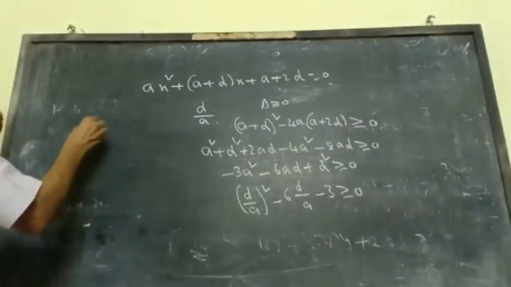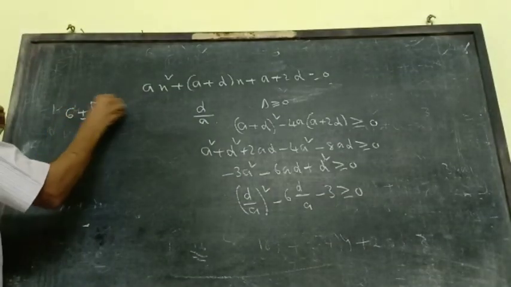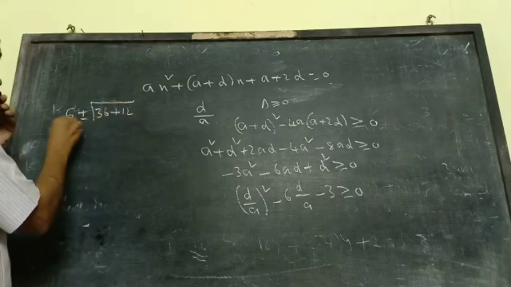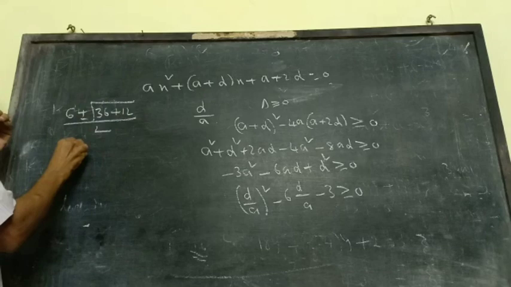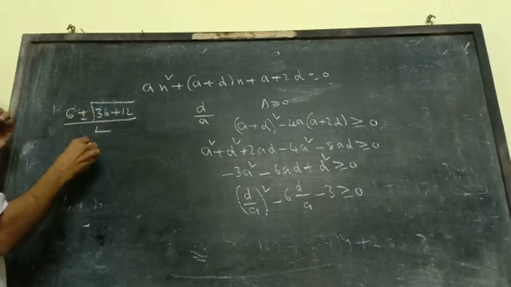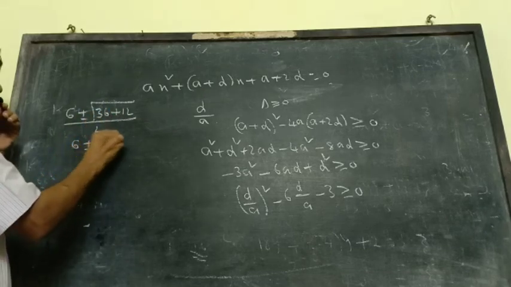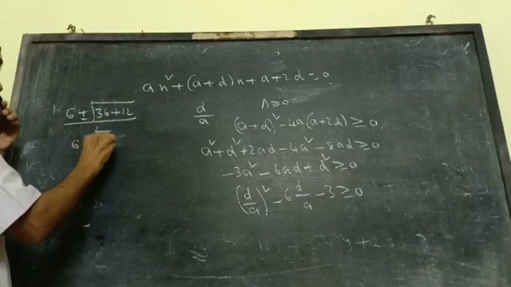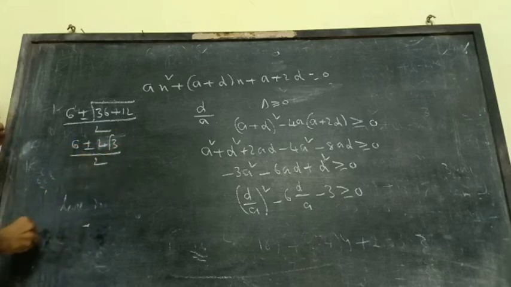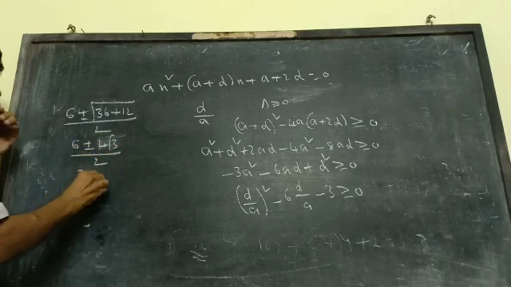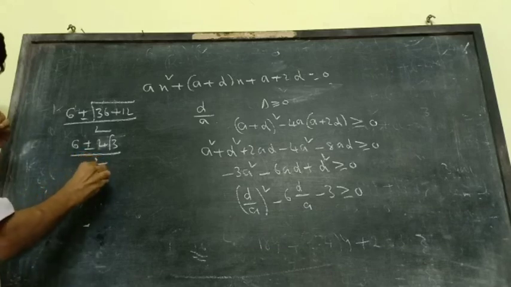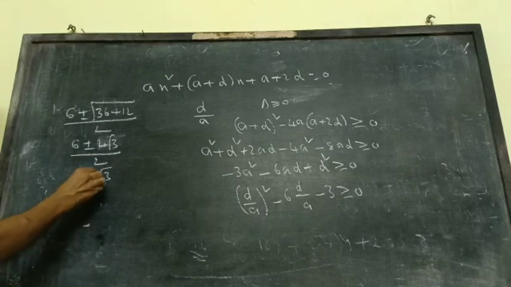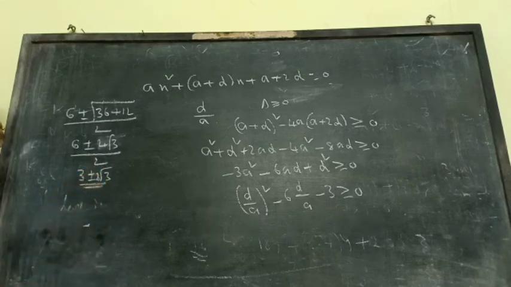What are the roots of it? 6 plus or minus square root of 36 plus 12, by 2. So 6 plus or minus root 48. 48, you can take out root 3, and divide by 2. So this is 3 plus or minus 2 root 3.